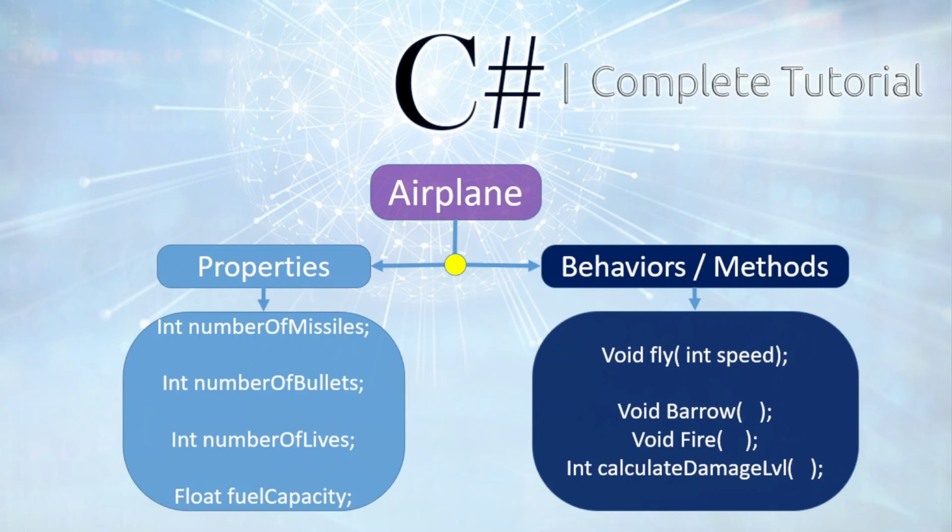The number of bullets would differ from one airplane to another, even the number of rockets and the number of lives in a game. Life would be how much damage the airplane could take before being destroyed.